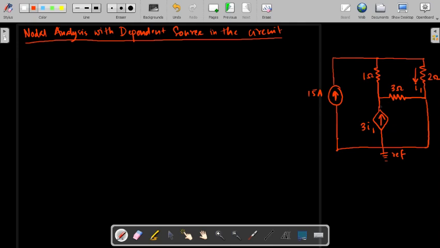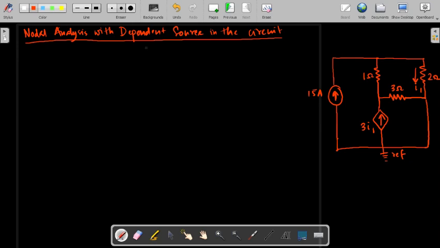This is a dependent current source. Can anyone say which kind of dependent source this is, from the symbol and the representation here? Anyone? Current dependent source. Yes, that is a current dependent current source.